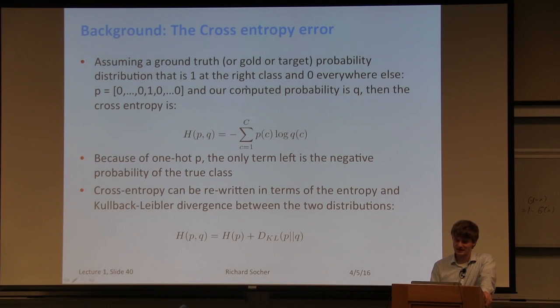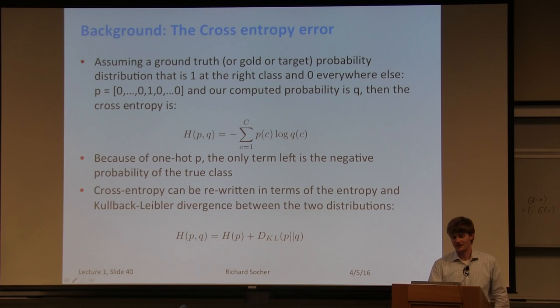And then we compute with the softmax the probability from the model: given an input vector, apply the softmax, get a probability out. Usually we call that Q.